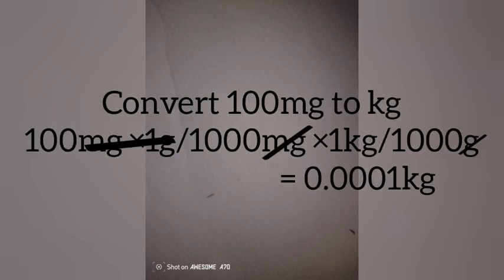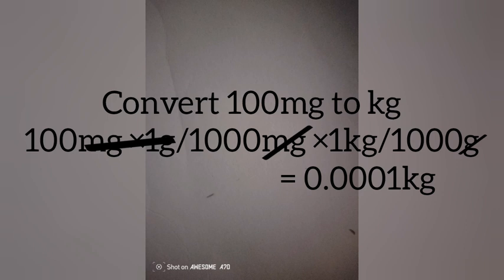Let's try convert 100 milligrams to kilogram. Now to convert 100 milligrams to kilogram, there is an intermediate unit which is grams. So you must have two conversion factors. Now the first conversion factor is gram to milligram, which you discover is 1 over 1000.